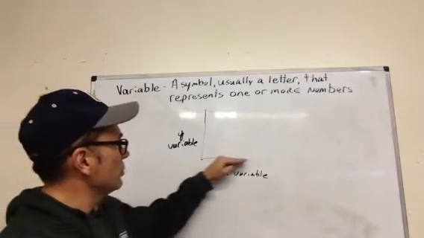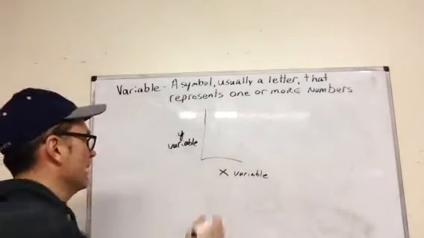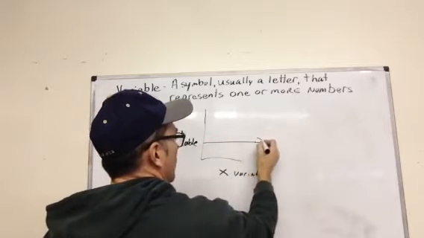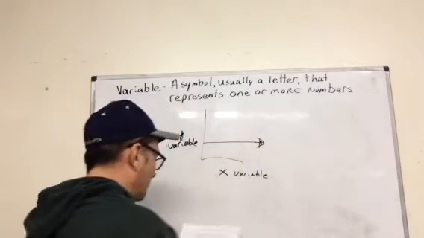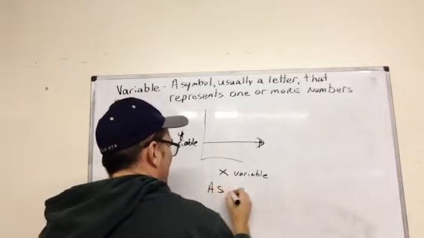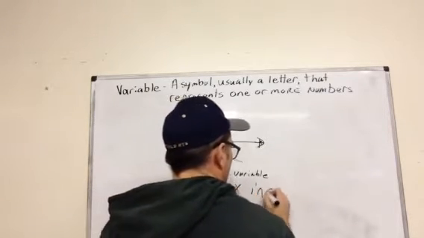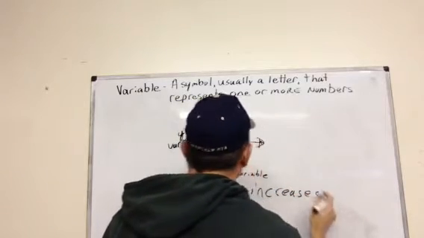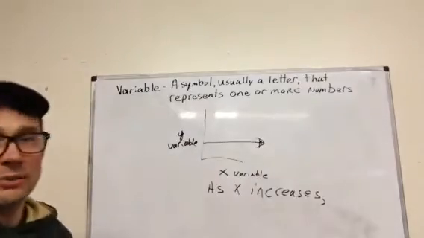And you always want to read a graph like you're reading a book, going left to right. We're always going to express it as, start off, as x increases, or whatever the variable is. As x increases, y is going to do something else.